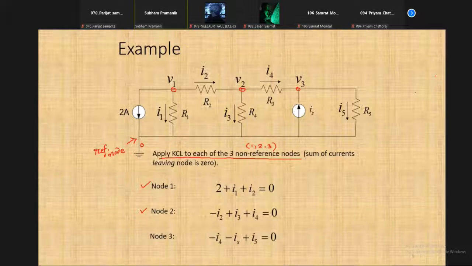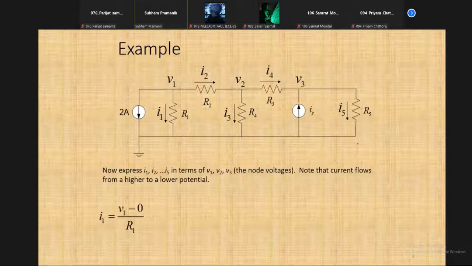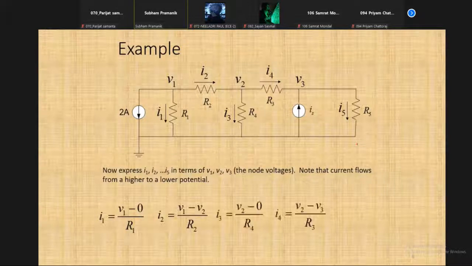Next, what we do, we convert the currents in terms of voltage by impedance. We convert all these currents in terms of voltage by impedance. As for example, I1 is V1 by R1, I2 is V1 minus V2 by R2, I3 is V2 by R4, I4 is V2 minus V3 by R3, I5 is V3 by R5.